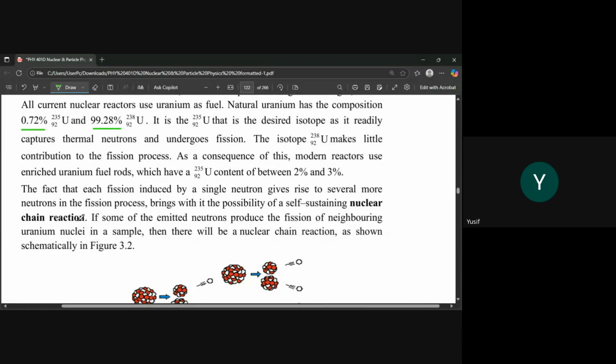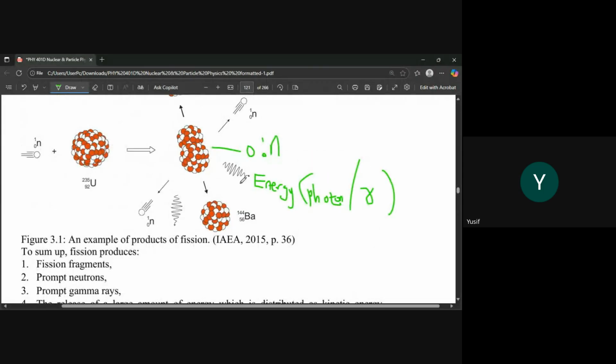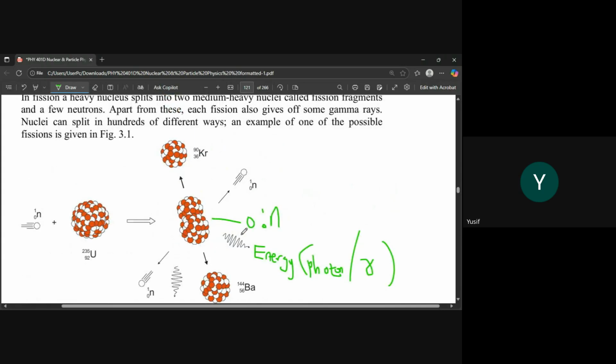Yes, so as we saw from the previous reaction, when this reaction is taking place, we always have neutrons being released as some of the byproducts. I also know that the neutron is what is going to supply the uranium to undergo another fission reaction.